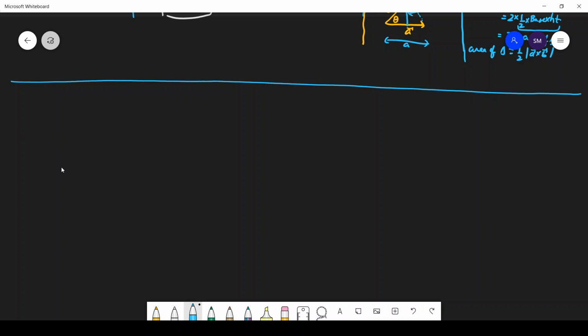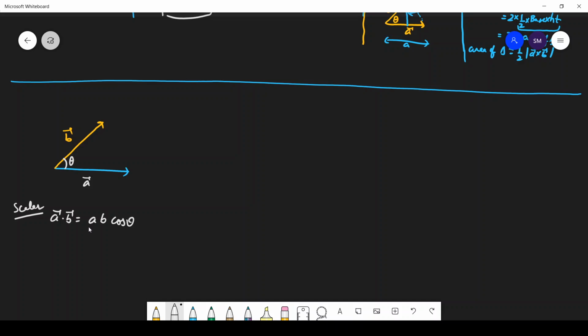If you have two vectors A and B, and the angle between them is theta, the dot product, or you can say scalar product, is AB cos theta.